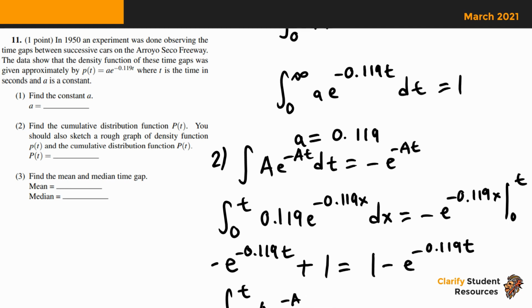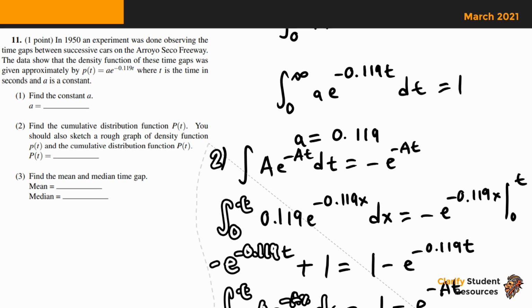Again, I'm going to change the variables so it's not confusing. X dx. Basically, this is always going to be 1 minus e to the negative at. So that's kind of a common pattern you can use. Oh wait, sorry, it's a bit off screen here.